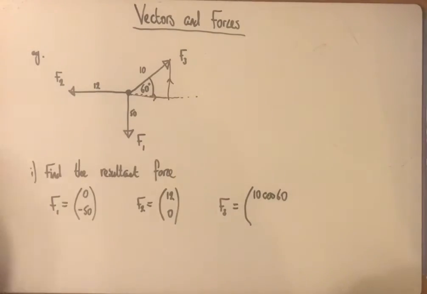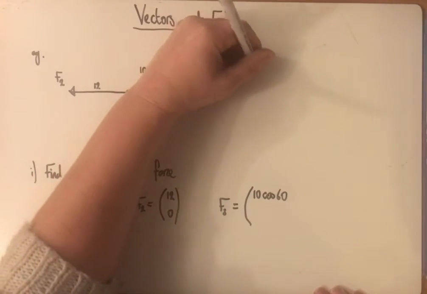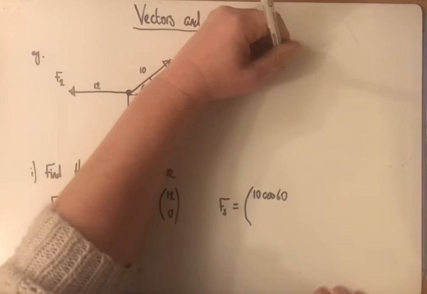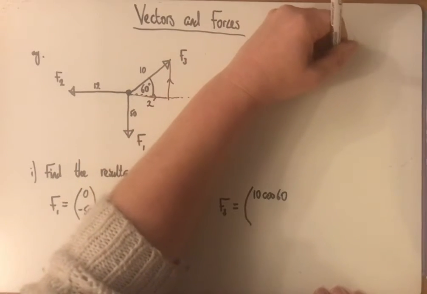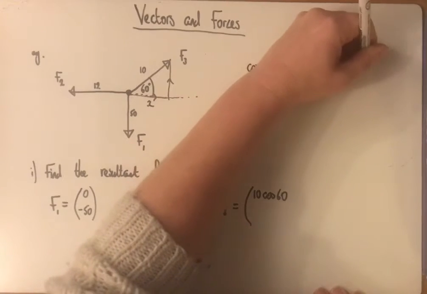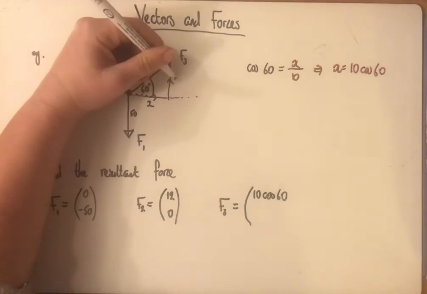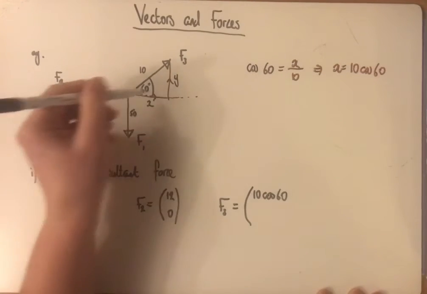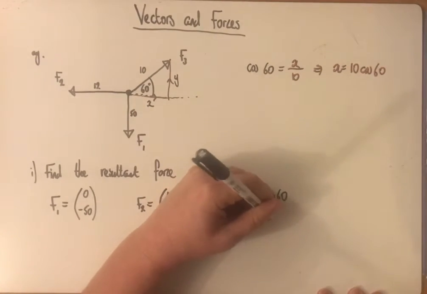If you're in any way unsure about that, if you call that x, then cos of 60 is equal to adjacent over hypotenuse. And so x is 10 cos 60. And then similar for this y component, vertical component, this is opposite the angle. So this time I'm looking for 10 sin 60.